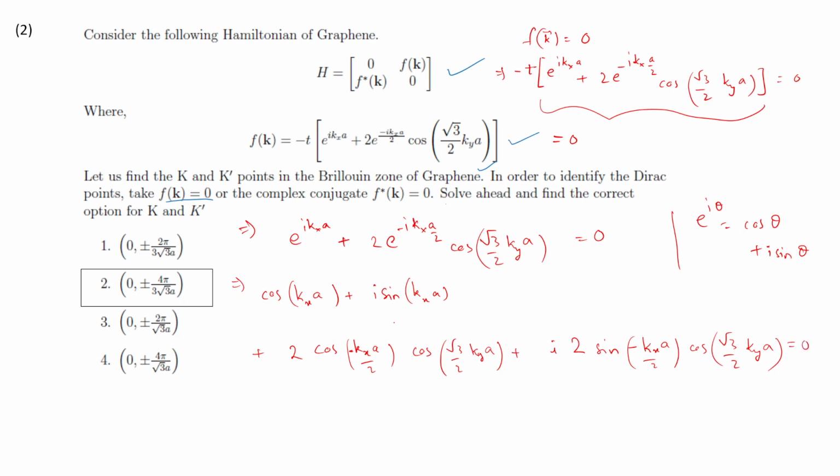So the real part has to be 0 and the imaginary part has to be 0. So the real part, what are the real part? These two terms are the real part. So what we have is cos kxa plus 2 cos(kxa/2) cos(√3/2 kya) is equal to 0.